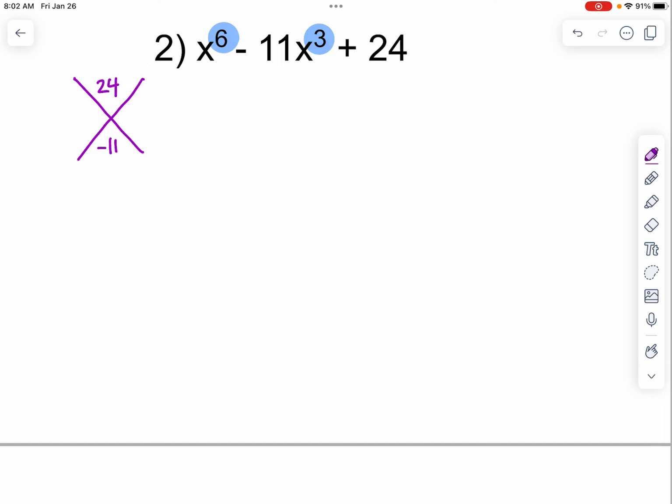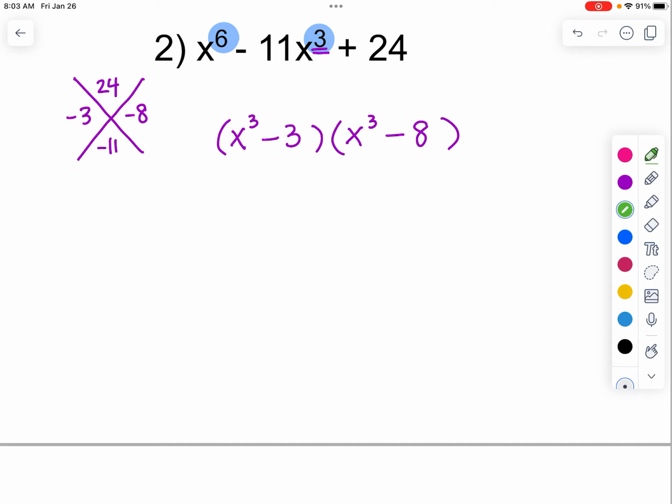Two numbers that multiply to a positive 24 but add to negative 11 are 8 and 3. Negative 8, negative 3. All right, when I set up my factors, remember that x is going to have the same exponent as the middle term. So we'll get x cubed. We've got x cubed minus 3 and x cubed minus 8.